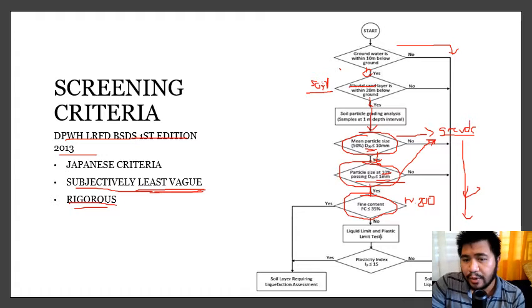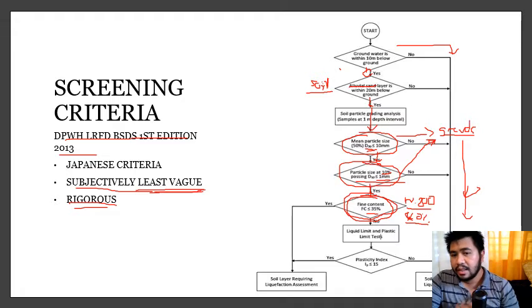If you have a soil sample and more than 35% of the soil passes through that, so let's say 40% of your soil is passing number 200, that means the fines content of your soil is 40%.